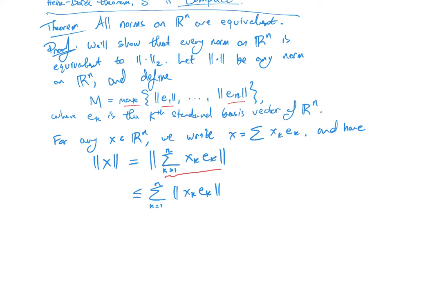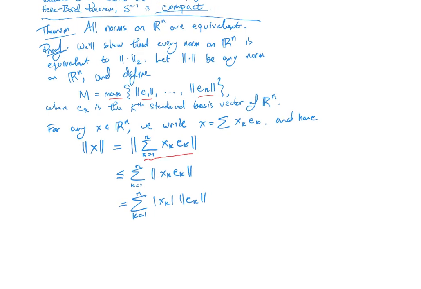Now, norms say scalars get to come out if you bring the absolute value with them. Okay, we good so far? Any questions yet?